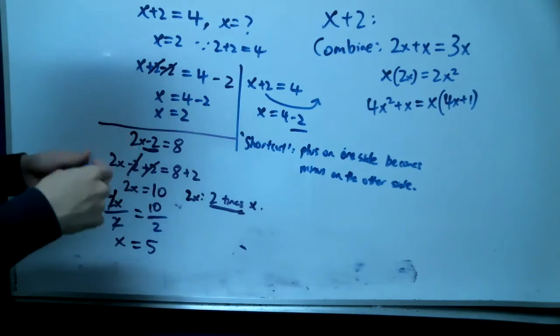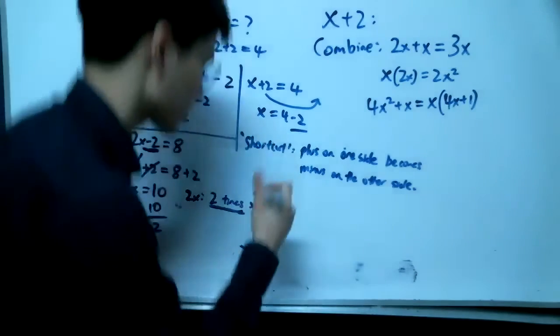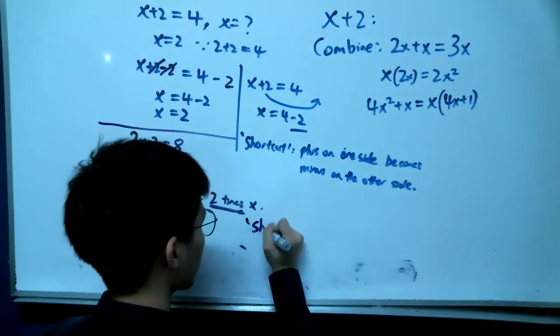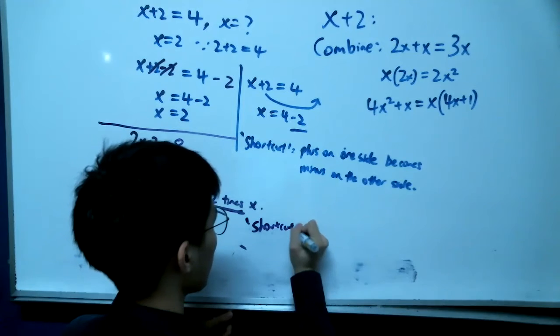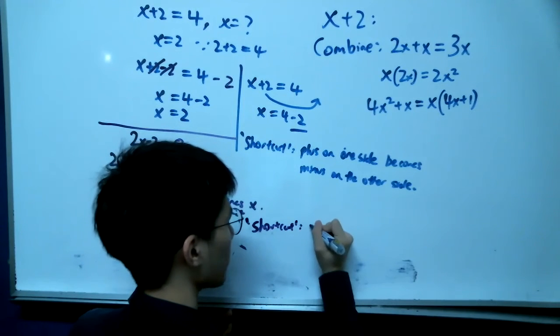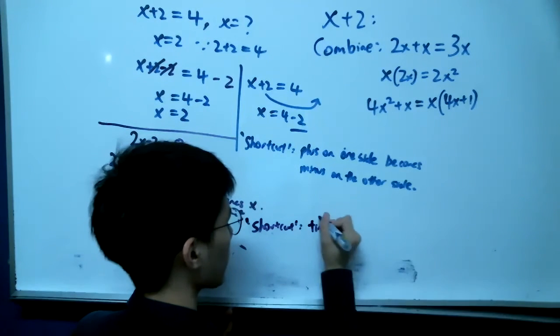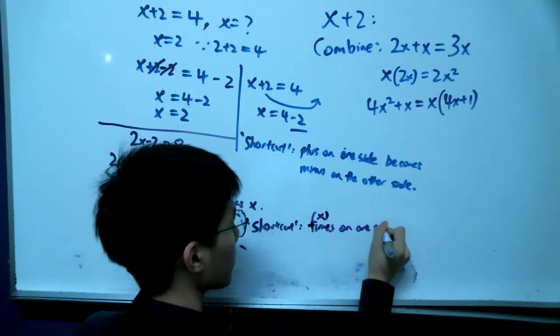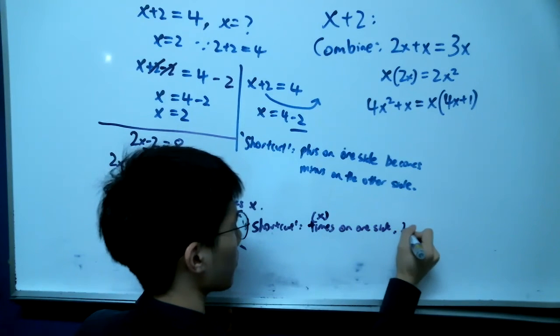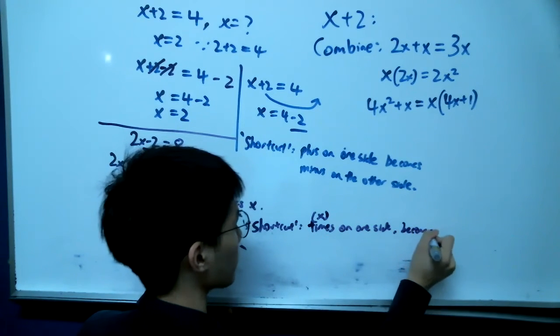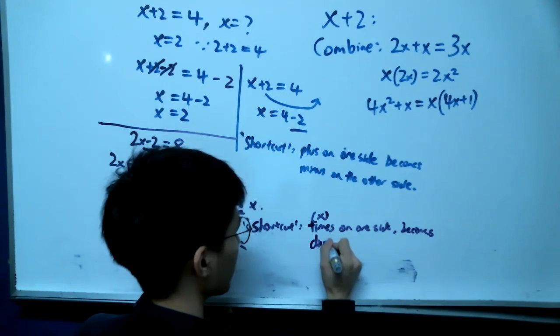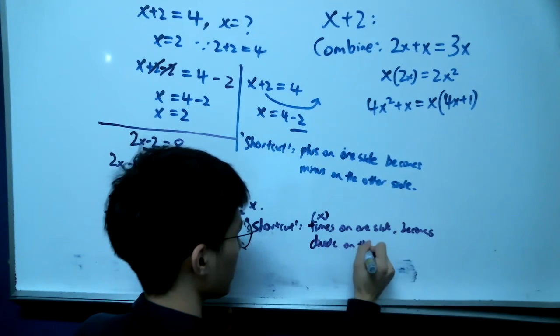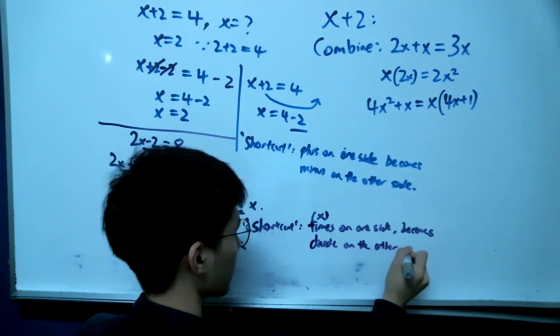In other words, the shortcut method for this, and let's just write it down, is a multiply on one side becomes divide on the other side.